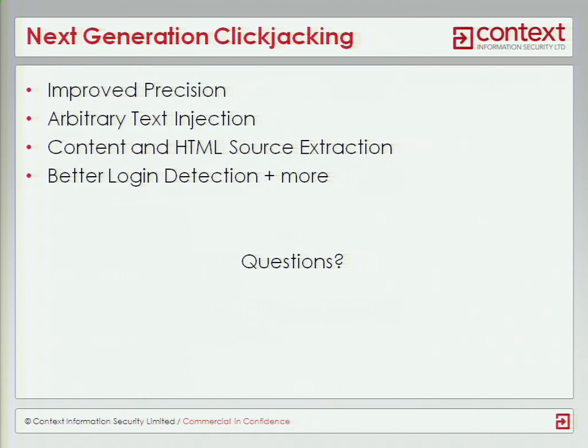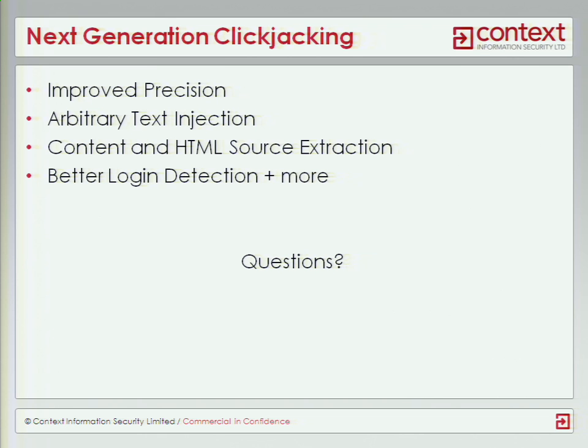Okay, so that is next generation clickjacking. The techniques that I've showed you today go pretty much beyond what was originally possible. So we've got techniques for improving the precision of our targeting of elements on a page. We can inject arbitrary text into a web page, even if it's not vulnerable to any form of cross-site request forgery.